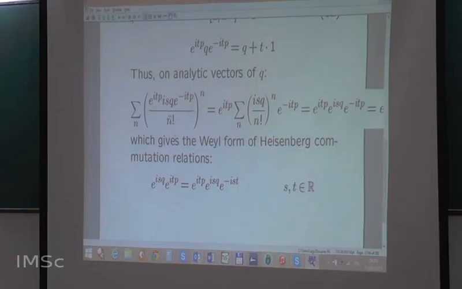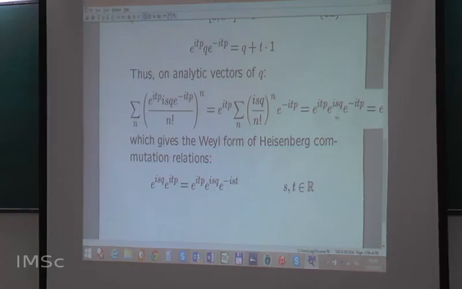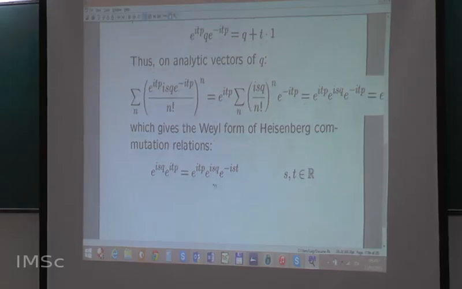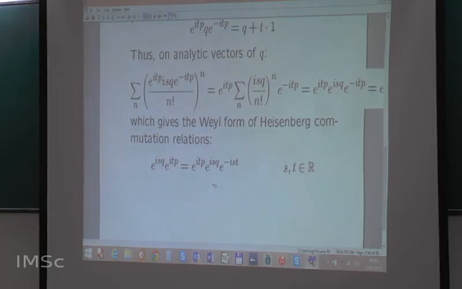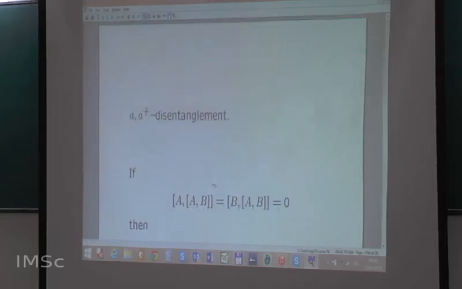Then from this side you have e^{iP}, e^{isQ}, and from this side you obtain nothing but e^{isQ}. I multiply both sides by is, and then I take the exponential series. You get the famous Weyl relations. The Weyl relations will play an important role.